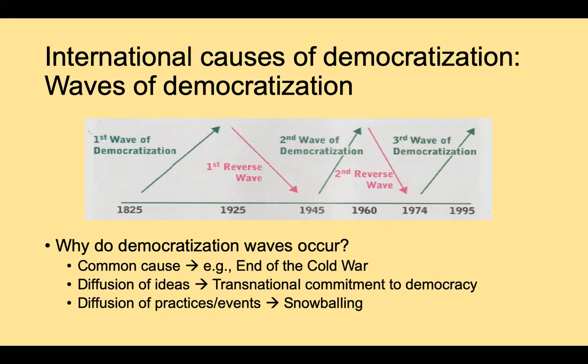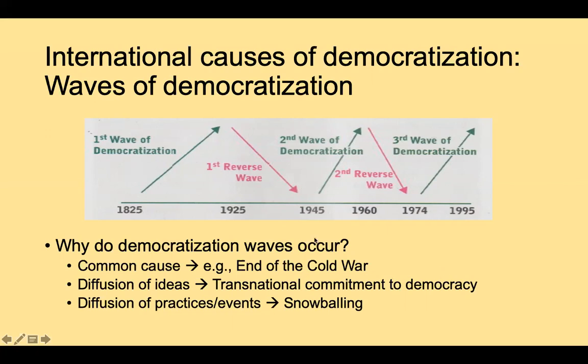And the different causes of these waves are really quite numerous. So the end of the Cold War was one, at the end of the 1980s, that coincided with the third wave's most intense period. The diffusion of transnational commitments to democracy and the promotion of democracy by world powers has often been cited as a cause of the diffusion of ideas between countries that can help to support waves of democratization.